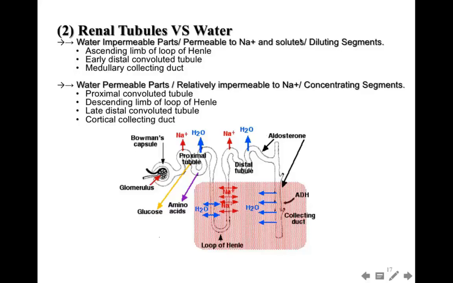So you can call them diluting segments, where the volume of water becomes so large. These segments are the ascending limb of the loop of Henle, both thick and thin parts, the early distal convoluted tubule, and the medullary collecting duct.